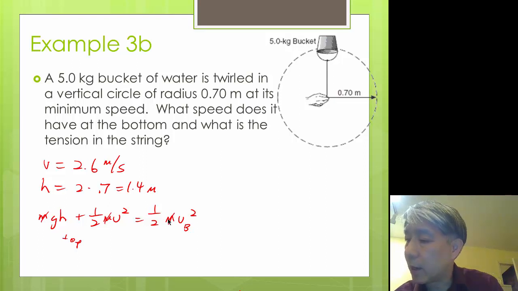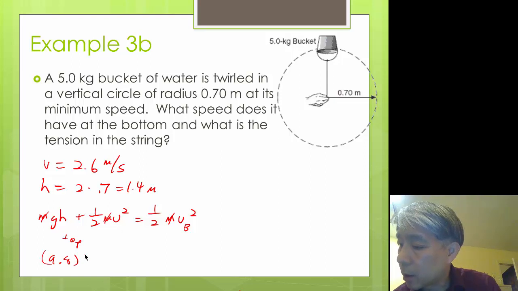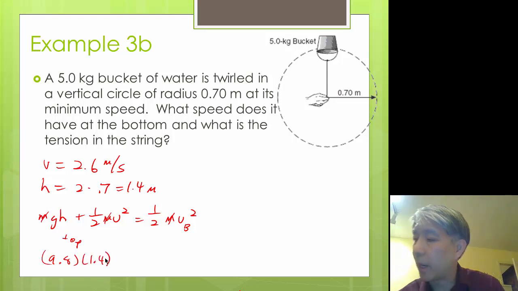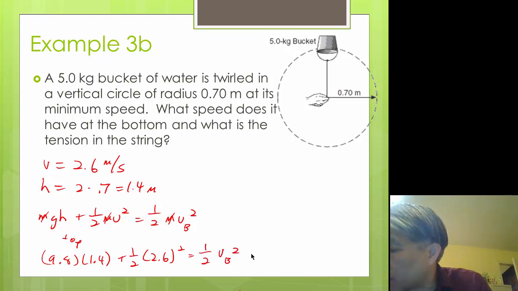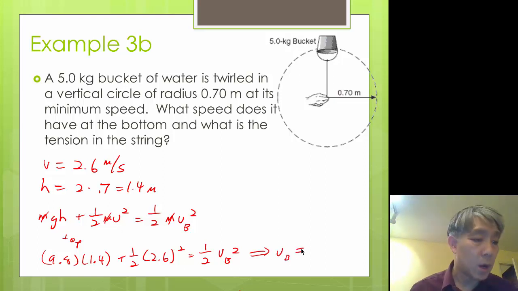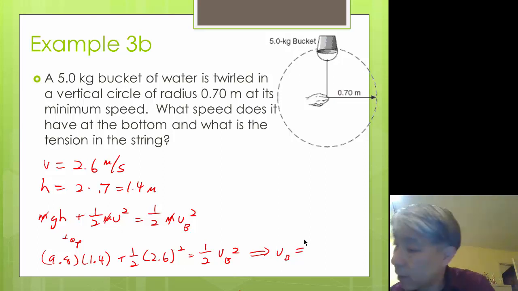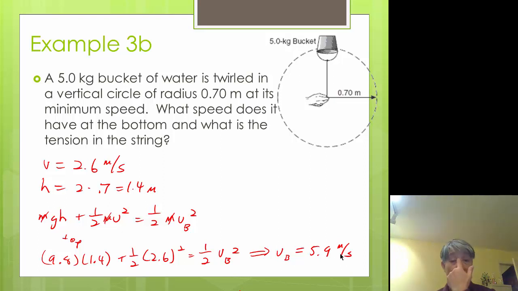So I end up with 9.8 times 1.4, my h, remember, is twice the radius, plus 1/2 times 2.6 squared, and that's going to equal 1/2 v_b squared. If I plug that into my calculator, I find v_b is going to equal a speed of 5.9 meters per second. Faster than the top, as I would expect.